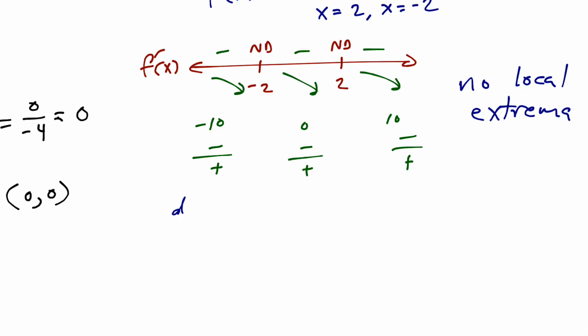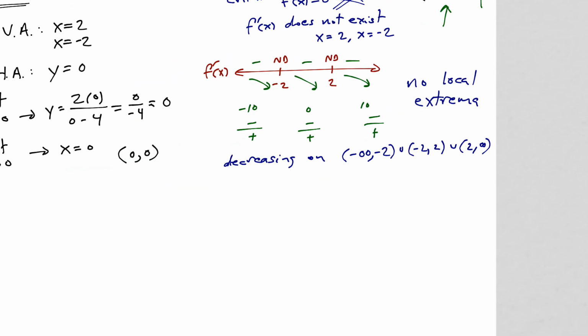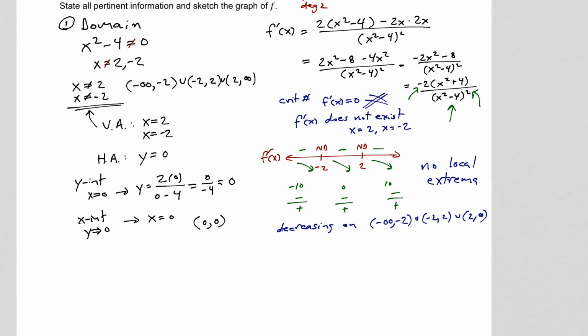So I guess to write that out, I could say it's decreasing on its domain, which is negative infinity to negative 2, negative 2 to 2, and 2 to infinity. And because of that, there are no local extrema. It never switches from negative to positive at a point where the function is defined.